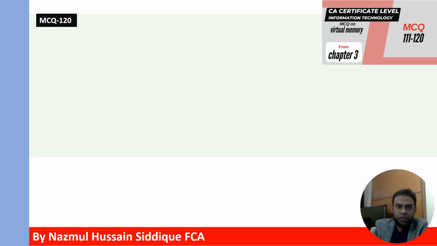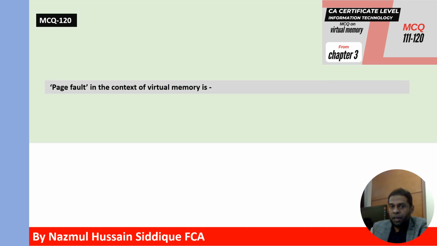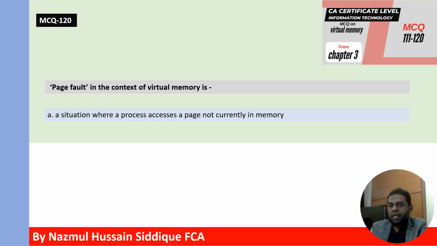The last question of this episode. A page fault in the context of virtual memory is: option A, a situation where a process accesses a page not currently in memory, or option B, a failed attempt to access restricted memory.